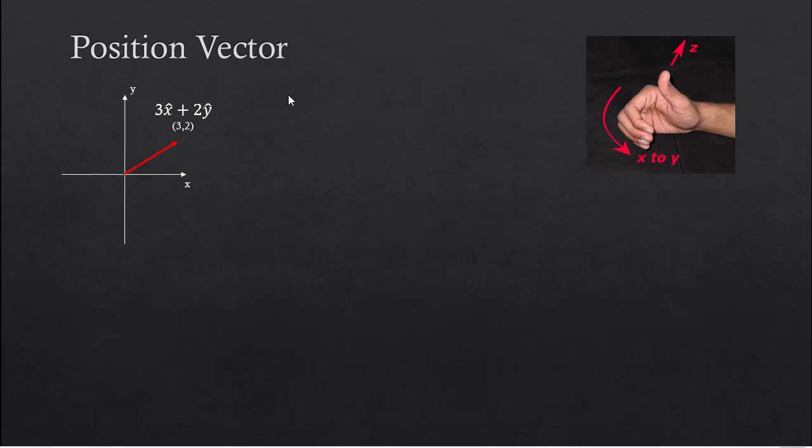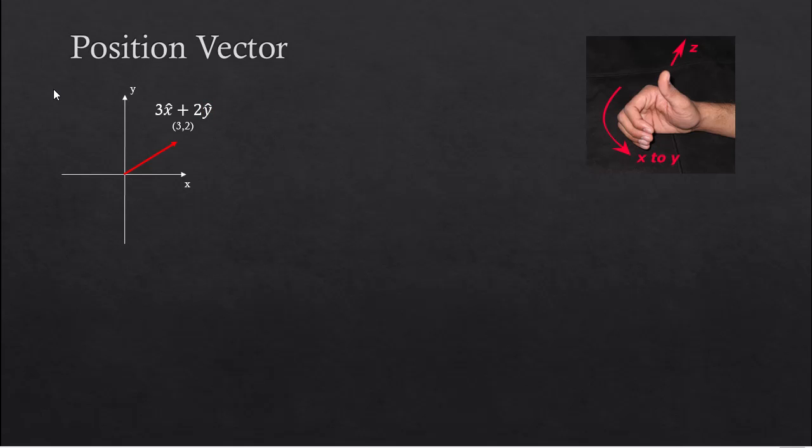So here is a position vector drawn in the XY coordinate system. The coordinate of this point is 3, 2: 3 along the x-axis and 2 along the y-axis, which means that from the origin you take 3 steps along the positive x-axis and 2 steps along the positive y-axis. 1 step along the positive x-axis is the x unit vector, and 1 step along the positive y-axis is the y unit vector.